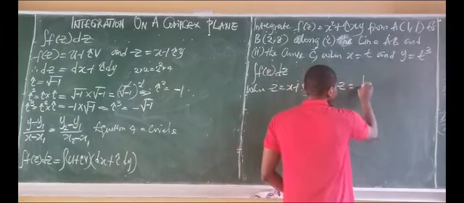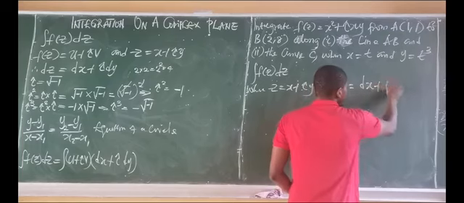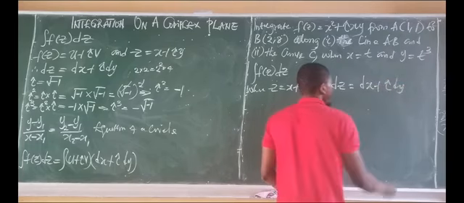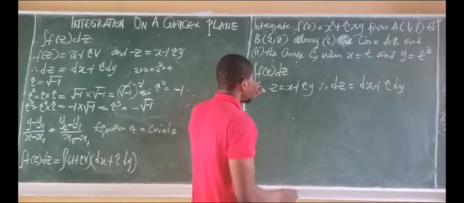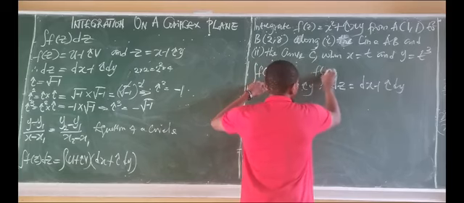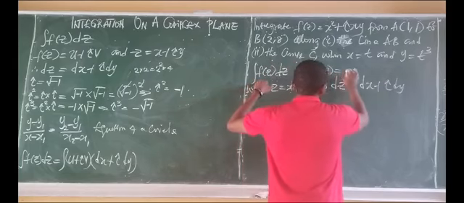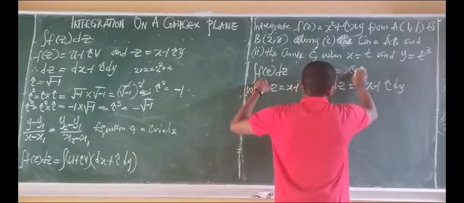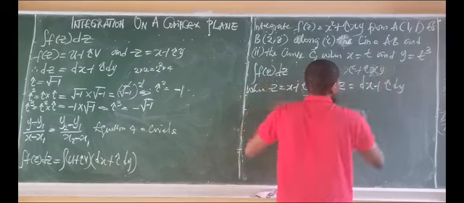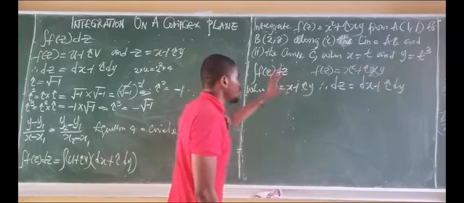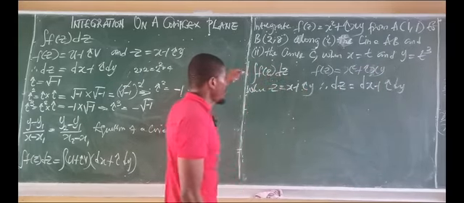So dz becomes what? dx plus i dy. Also, we are given the function already, f of z. We have f of z to be equal to x squared plus ixy.